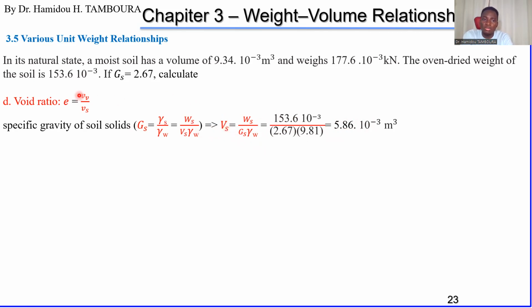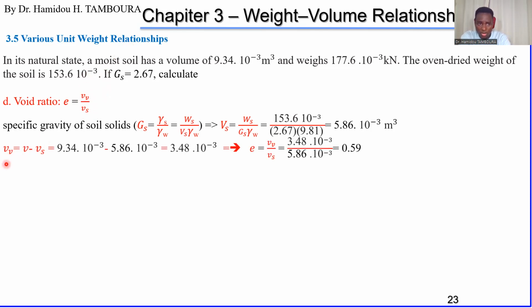So because our formula for void ratio is asking us for two volumes, volume of void and volume of soil particles, we have this one. So now let's try to get the volume of void.